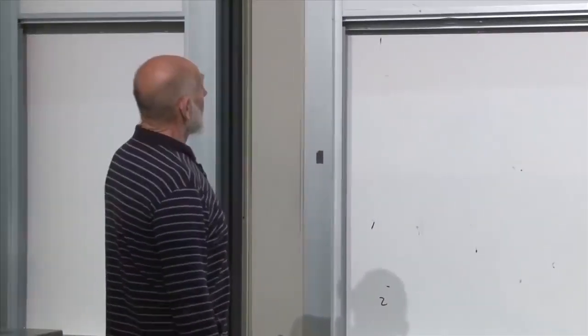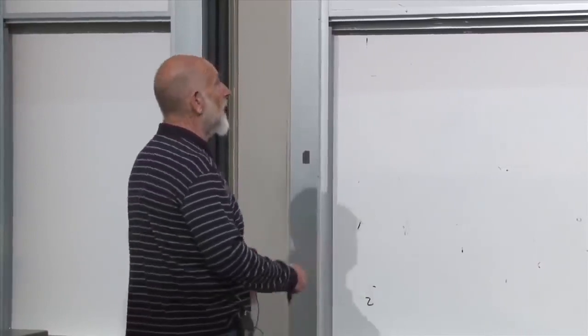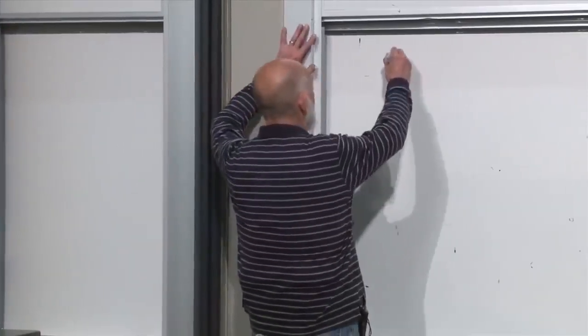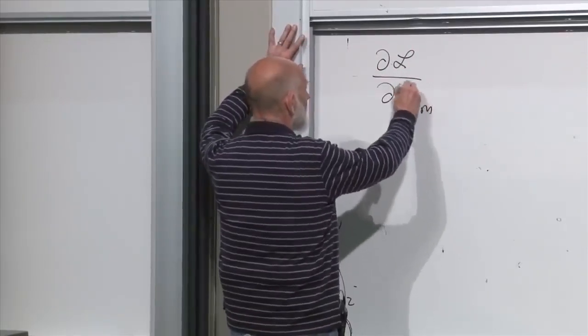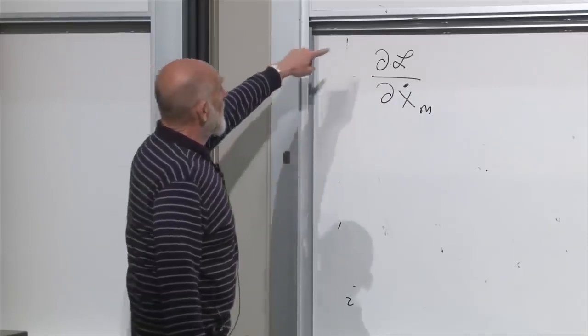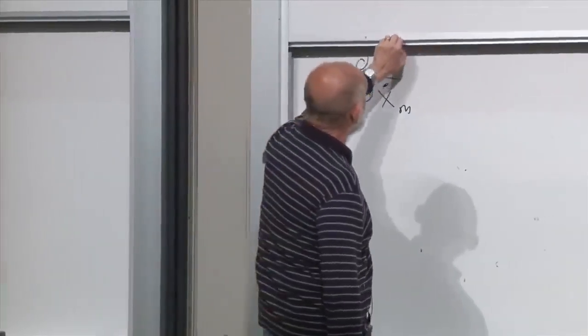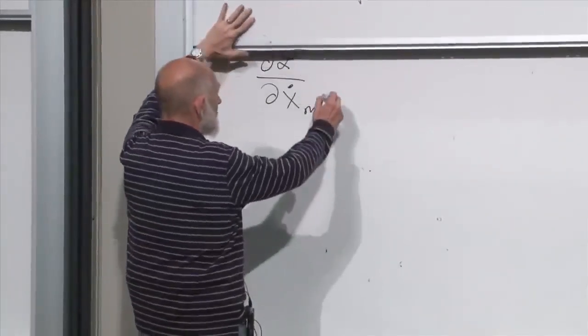All right, so where do we begin? Let's consider the equation of motion for x m. So we start with partial of L with respect to x m dot. That's the starting point. There's obviously a contribution from the first term here, and we've already done that. We know what that is.